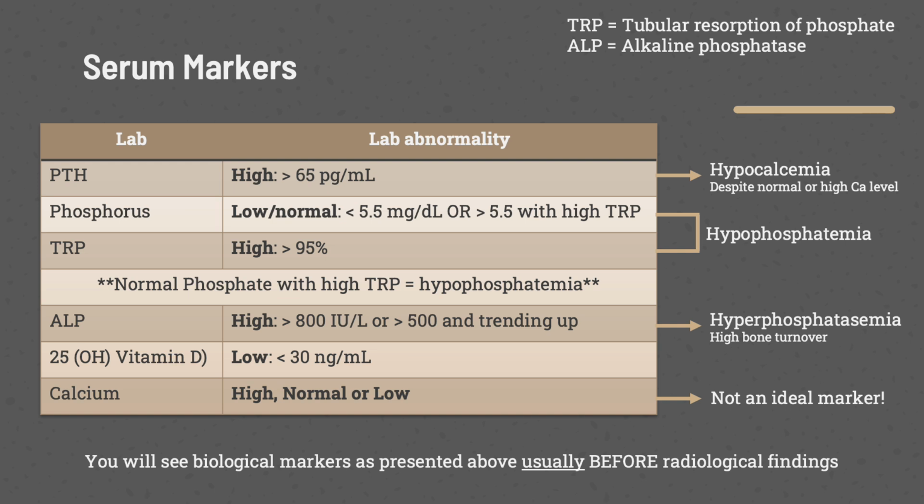So that's again why this level may be low, due to a depletion of vitamin D. And then again, calcium is not an ideal marker to use just because it may be normal or even high in some infants who are suffering from hypocalcemia. One thing to note is that you may see the biological markers that I just talked about usually before any radiological findings as well, like any fractures or things like that.